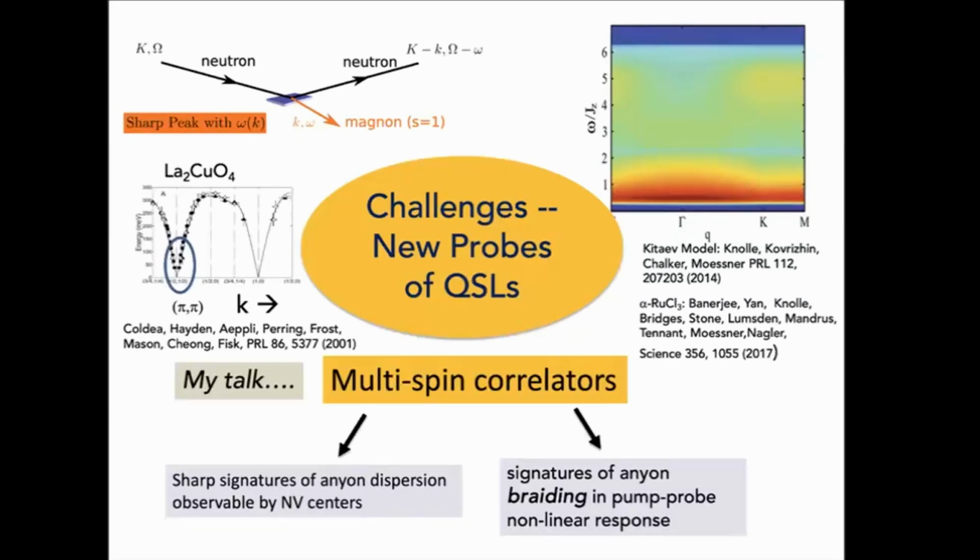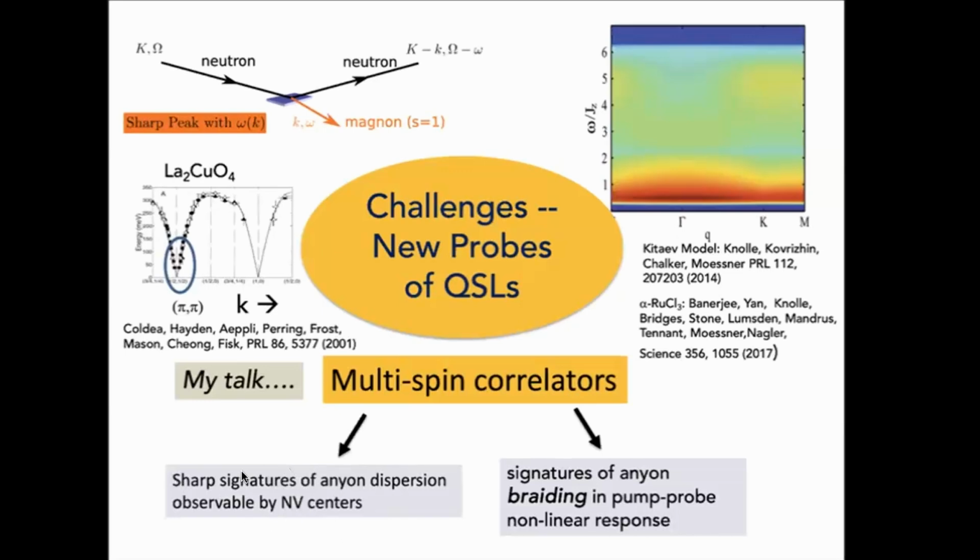What I will try to show you is that there are indeed sharp signatures. I'm going to present these results through one particular model, the Kitaev model, because that's where we can calculate things very accurately. But the lessons we learn are much more general, and we are extending them to more general Hamiltonians.